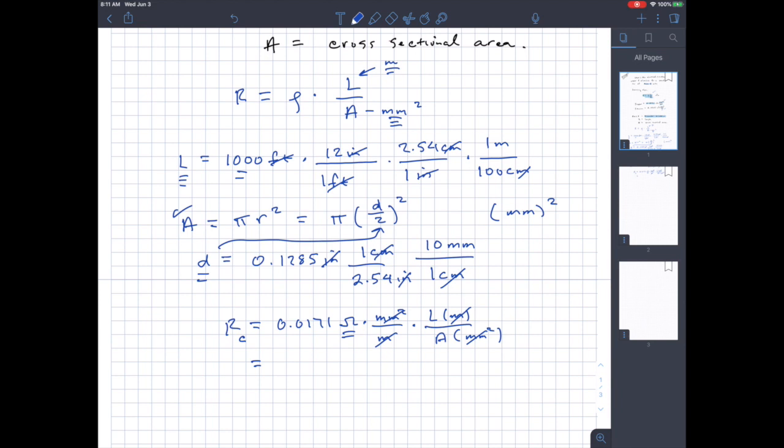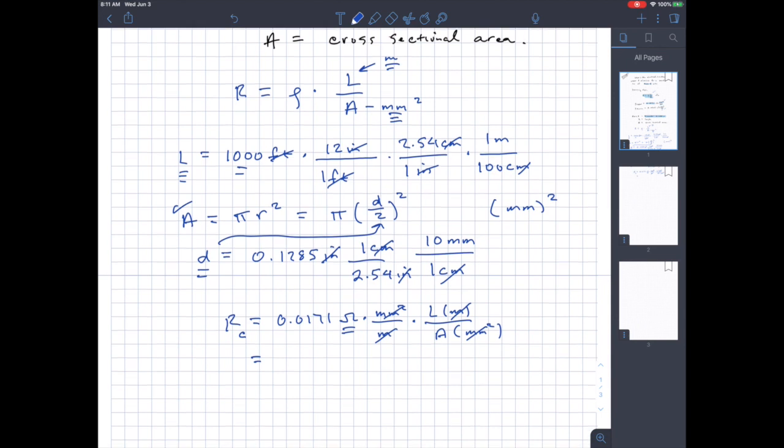Okay, so I've plugged all that into a calculator, and I get, let's see if I did it right, for 1,000 feet, I get 0.623 ohms. Okay, so I carried this to 3 decimal places. You could do fewer, but there's the answer for copper.